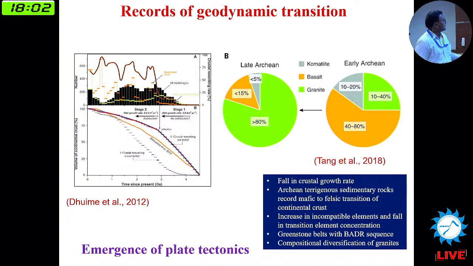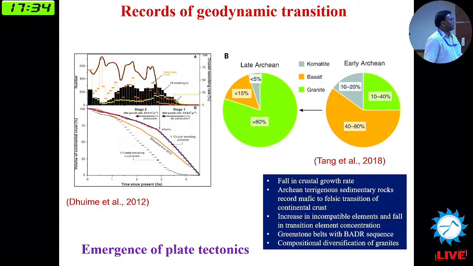Those things are highly debated, and different people have different models, and I don't want to get into those things, but by and large, it has been established that plate tectonics was the major crust formation process. Beyond that, I don't want to go into details. There are some characteristics of plate tectonics: through time there's a fall in the crustal growth, and the sedimentary rocks record this transition.